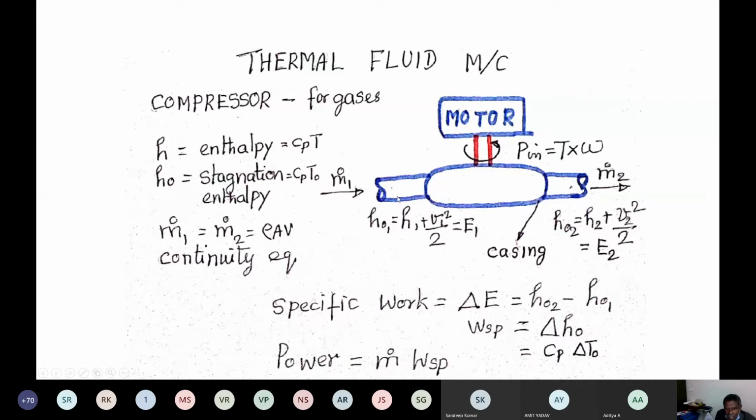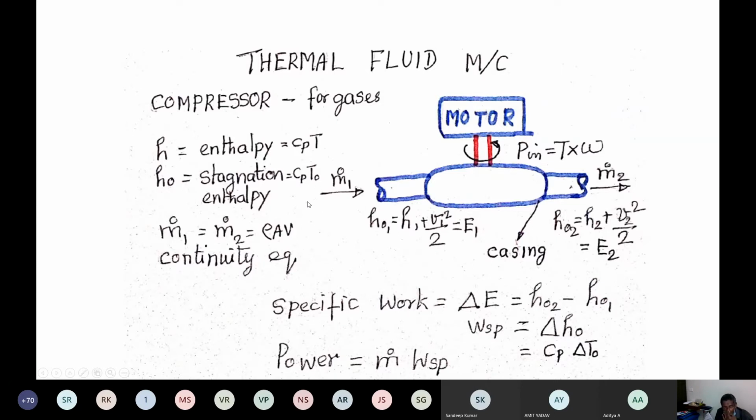Now here the energy at inlet denoted by E1, that is h1 plus V square by 2, where h is the enthalpy, which is equal to Cp into T. Now this h1 plus V1 square by 2 can be combinedly written as h01, which is called the stagnation enthalpy.